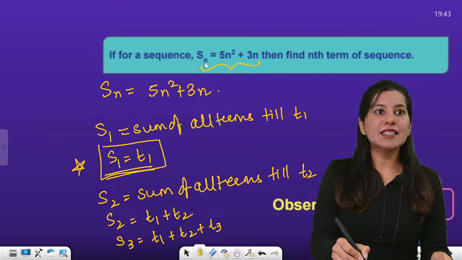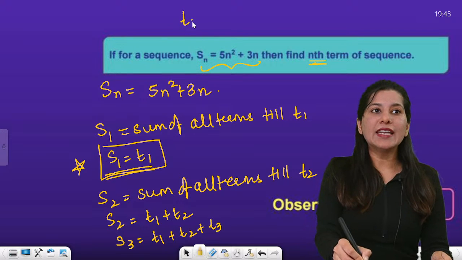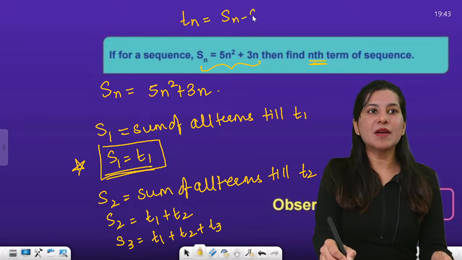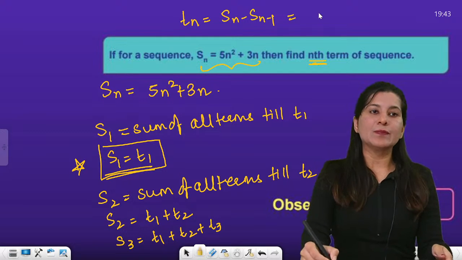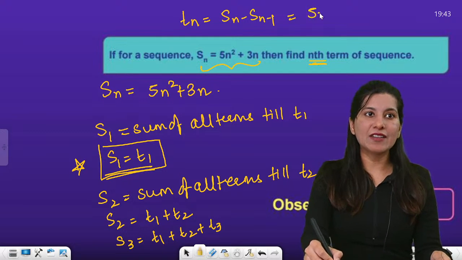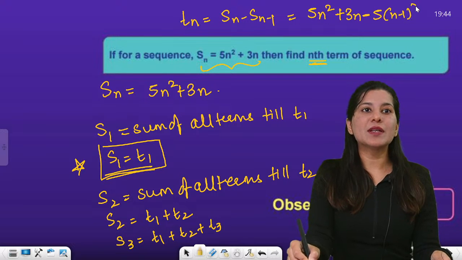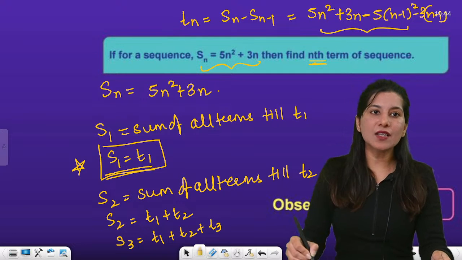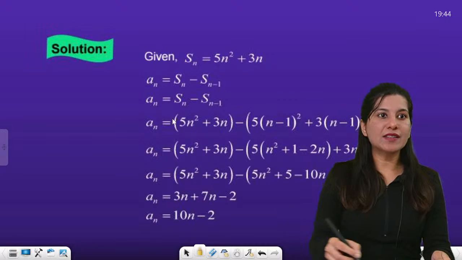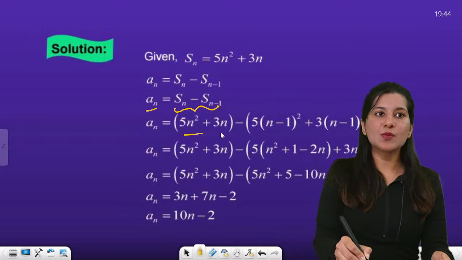In this question, Sn is given and we are about to find the nth term. So the nth term will be given by Sn minus S(n minus 1). So you take 5n square plus 3n minus 5 times (n minus 1) square minus 3 times (n minus 1). The moment you solve it, you will get a linear expression.